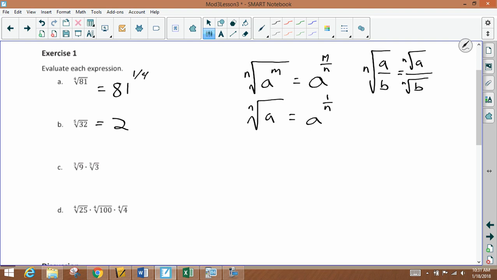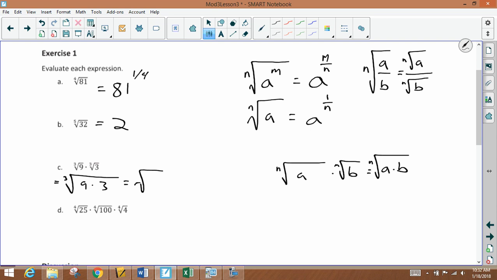With this one, we have a property of radicals that we've learned about that says that if I have the nth root of A times the nth root of B, that's going to be the same thing as the nth root of A times B. And so then we can write this as the cube root of 9 times 3, which is going to be the cube root of 27, which is 3, because 3 times 3 times 3 is 27.